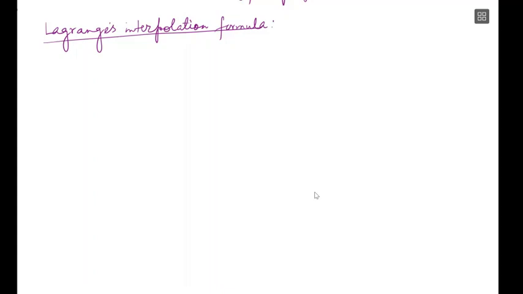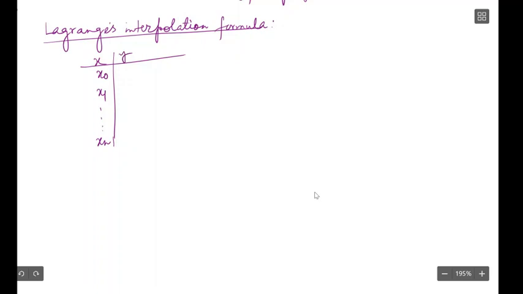Suppose the function y is known at the points x0, x1, ..., xn, where the values are y0, y1, ..., yn.